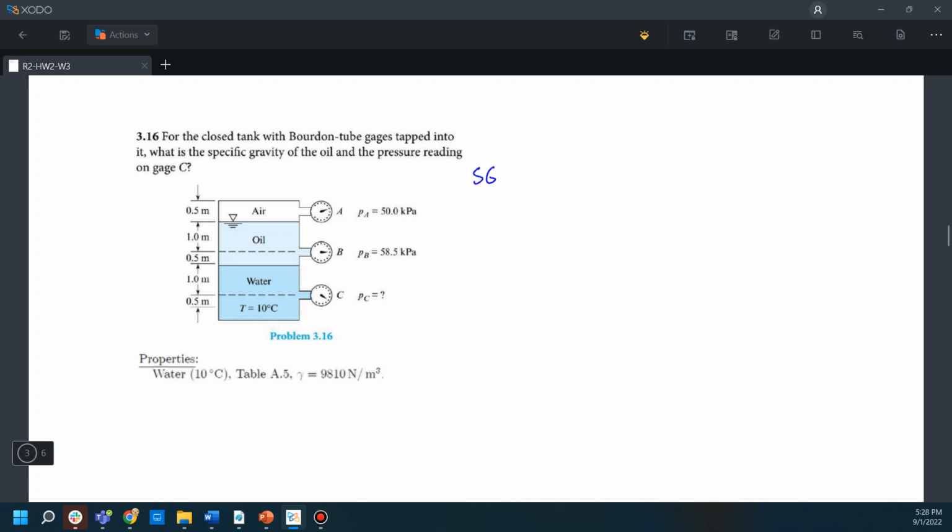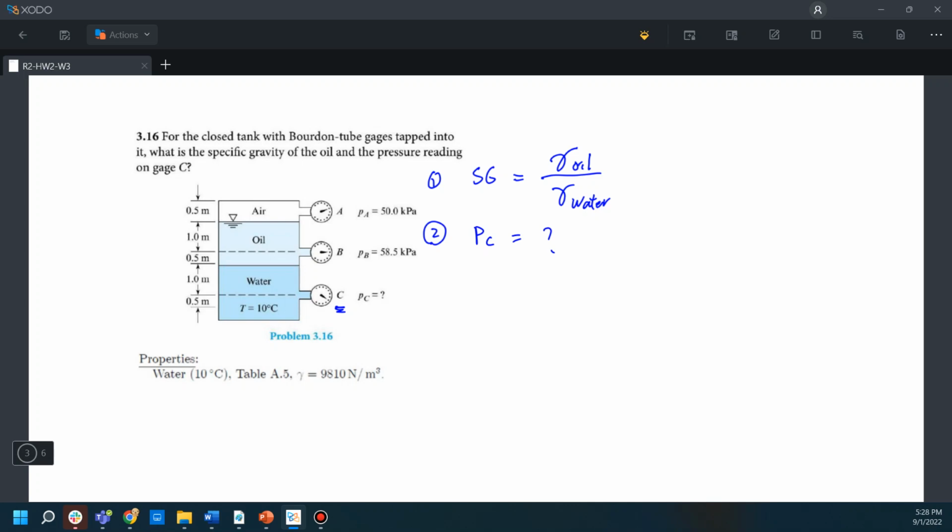Specific gravity for oil is equal to the specific weight of the oil divided by the specific weight of the water. Okay, this is the first thing that we want to solve, and the second thing is the pressure reading on this C, which is we want to solve this PC.